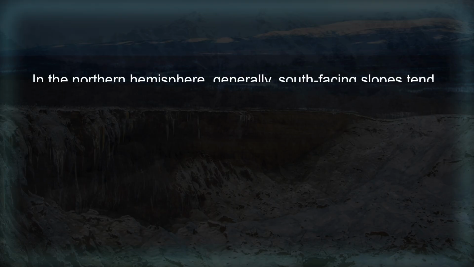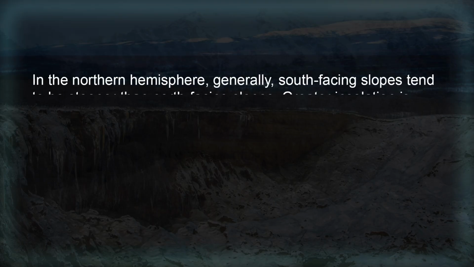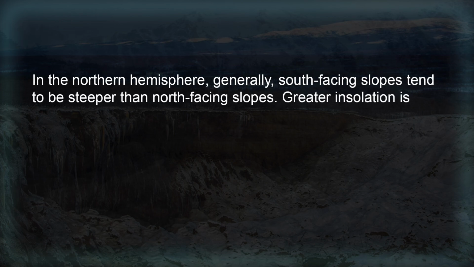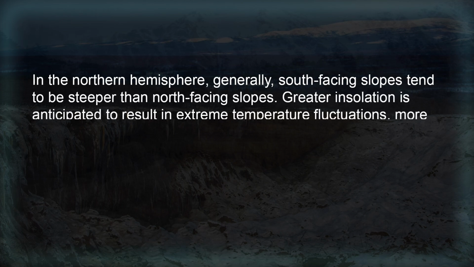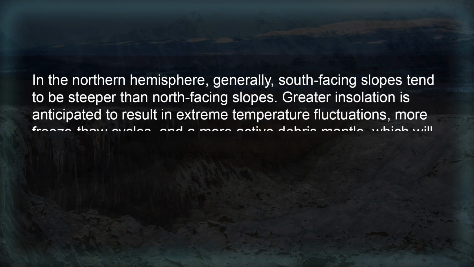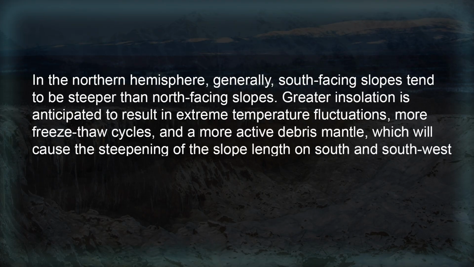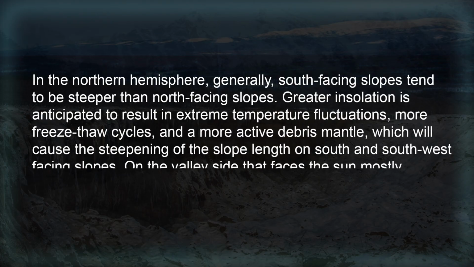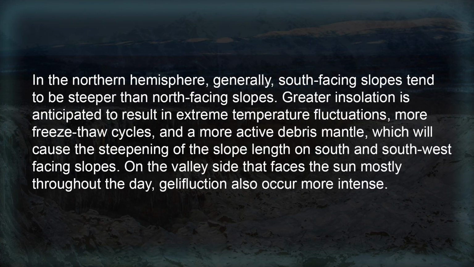In the northern hemisphere, generally, south facing slopes tend to be steeper than north facing slopes. Greater insolation is anticipated to result in extreme temperature fluctuations, more freeze-thaw cycles, and a more active debris mantle, which will cause the steepening of the slope length on south and southwest facing slopes.